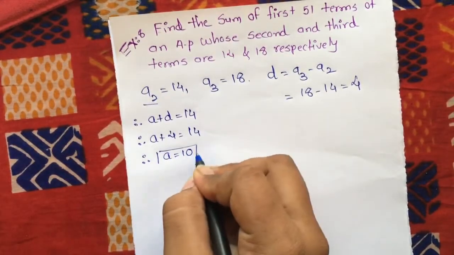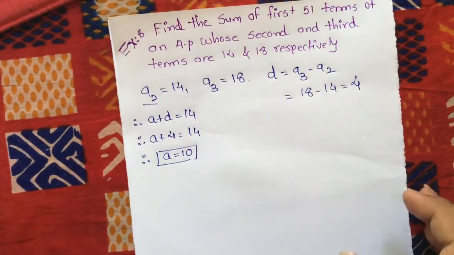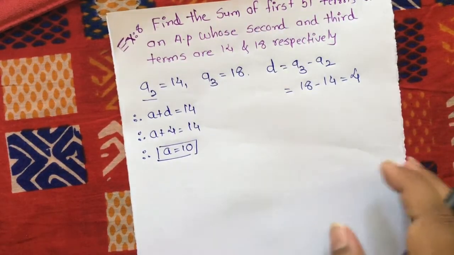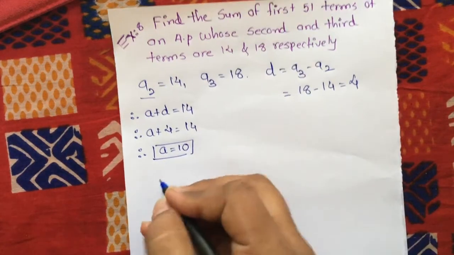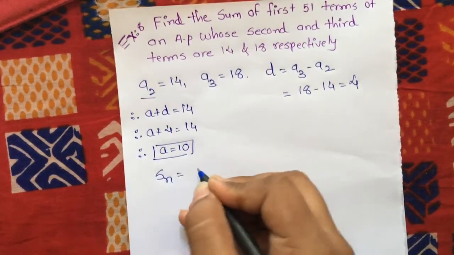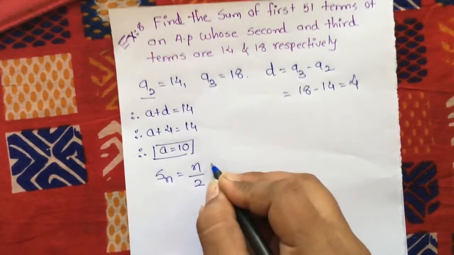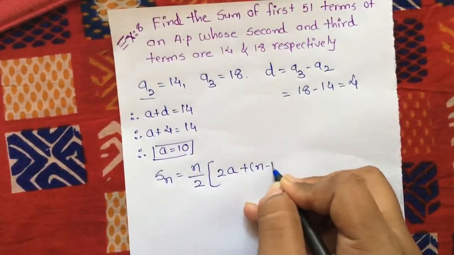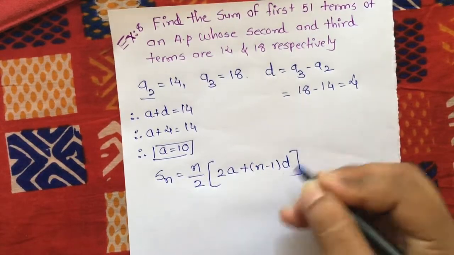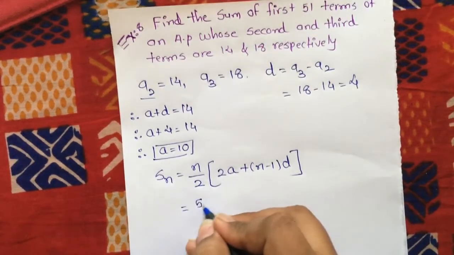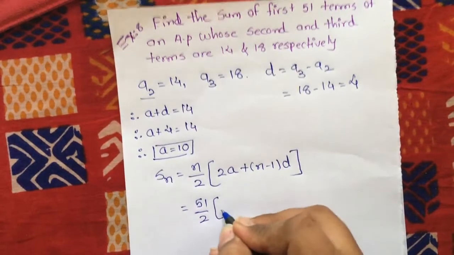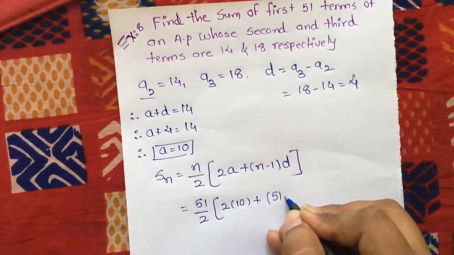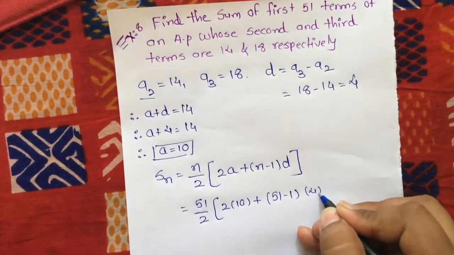Okay, now we have the first term, we have the common difference. Now let's find the sum of first 51 terms using the formula Sn is equal to n divided by 2 into bracket 2a plus n minus 1 into d. So this is 51 divided by 2 into bracket 2 into 10 plus 51 minus 1 into 4.